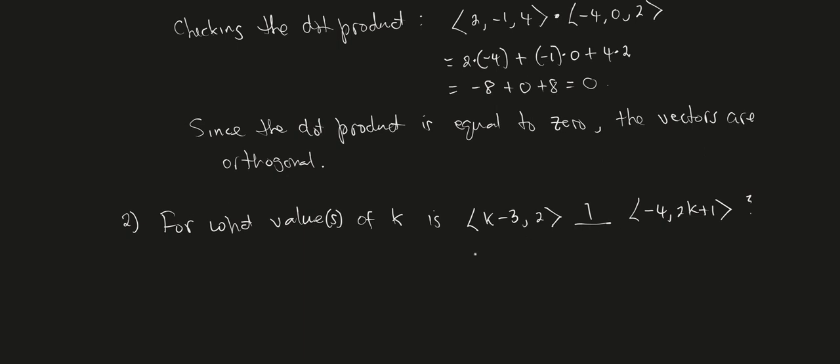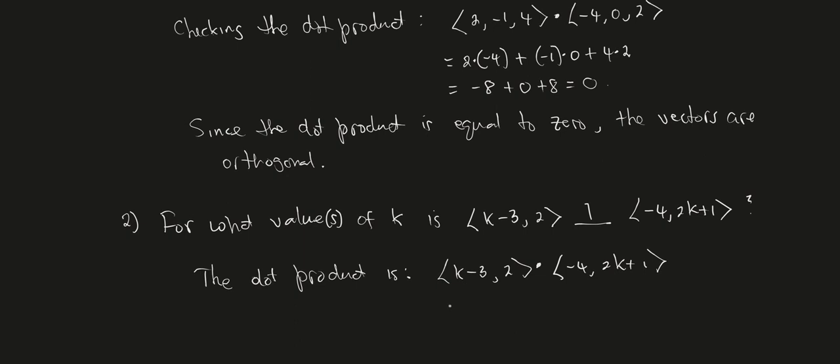So let's write the expression: k minus 3 comma 2 dot -4, 2k plus 1.